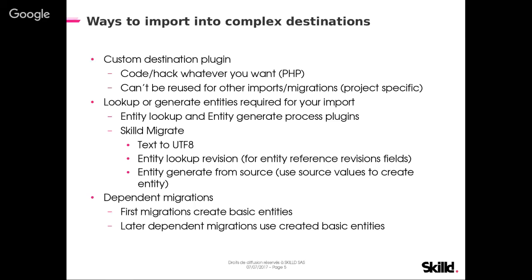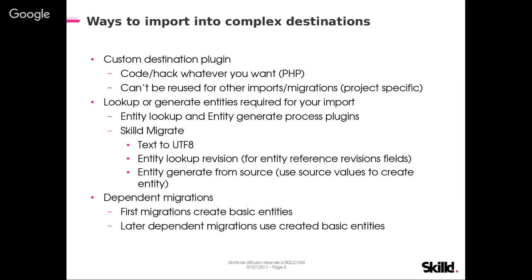The second approach also allows us to write some reusable process plugins, and Skilled Migrate provides several such plugins, like text to Unicode encoding. This plugin was already utilized in Skilled. It was just adjusted a bit and put into a general module, Skilled Migrate.